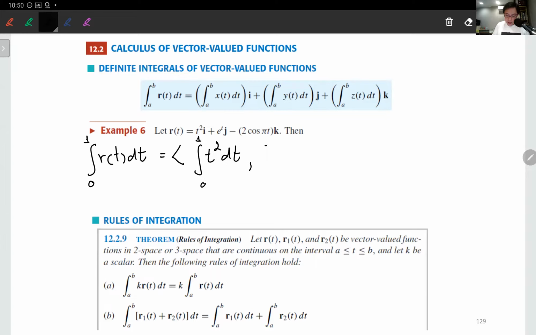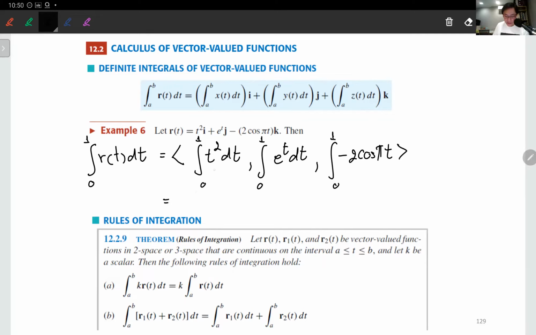In the y direction, I have to integrate e to the t dt from 0 to 1. And the z component, I have to do the integral of negative 2 cosine pi t from 0 to 1. So it's like 3 for the price of 1. Asking you to do one integral, but it means you have to do it 3 times, once for each component.